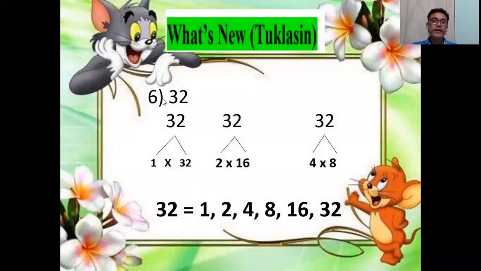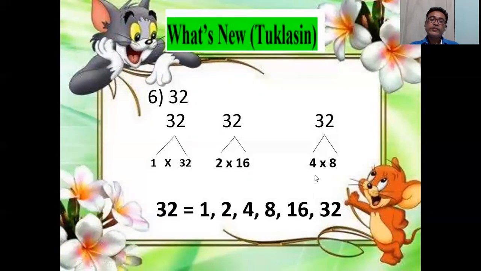Okay, we have here number 6, which is 32, and we are using the factor tree method. So 1 and 32 are factors of 32. Another one is 2 and 16 are factors of 32.